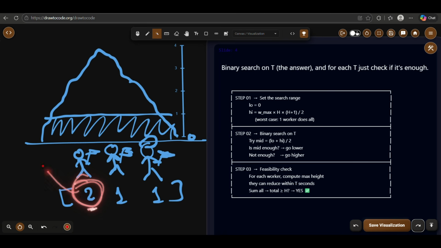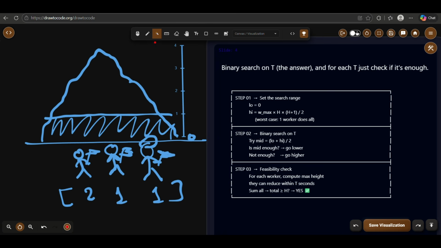This worker takes 2 seconds to chop 1 unit of height. This one takes 1 second to chop 1 unit. This one takes 1 second to chop 1 unit. So using this worker's time, we will find the highest possible time required to chop this mountain.